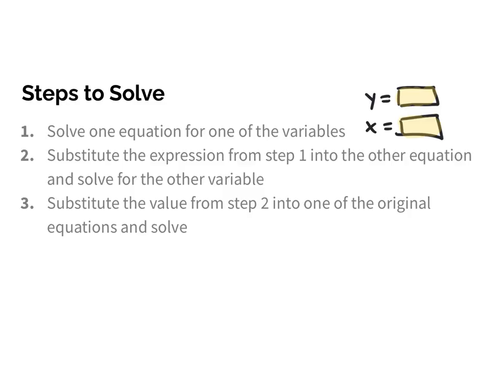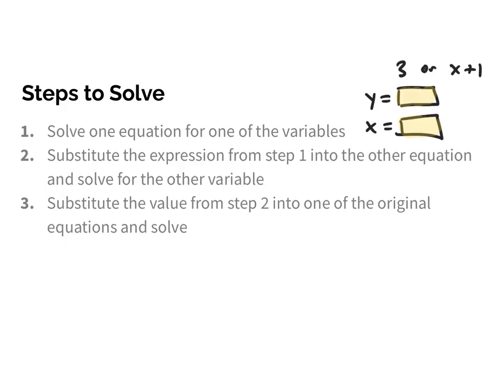What I mean by that is it could be y equals 3, for example, or it could say something like x plus 1. Okay, it could say anything. But our goal is we're going to make sure we have one of our equations that is solved for one of the variables. We're then going to take that equation and substitute it into the other one for the variable that it's equal to.